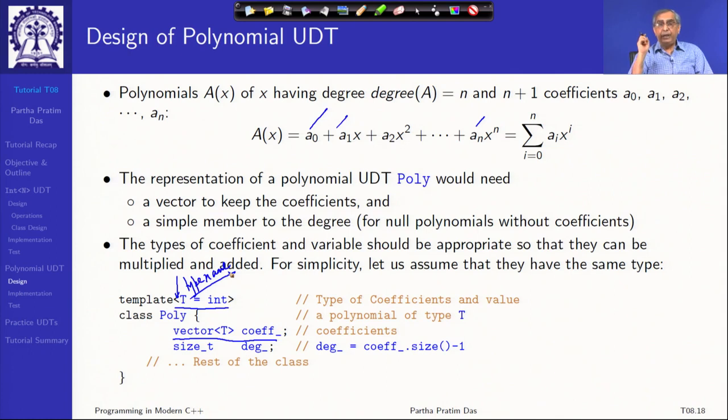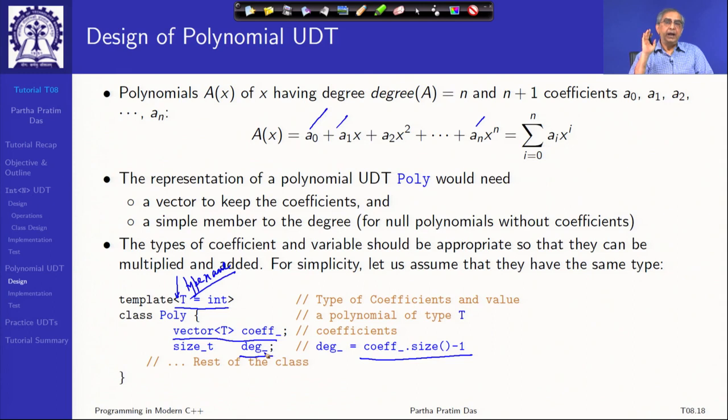Now, if we are using a vector, we do not need the information of degree. Why? Because in terms of this vector, I always know the size of the vector. So, the size of the vector is the number of coefficients. So, the degree has to be 1 less than that, but we will not make that assumption, and we will have a data member degree also separately in the representation.